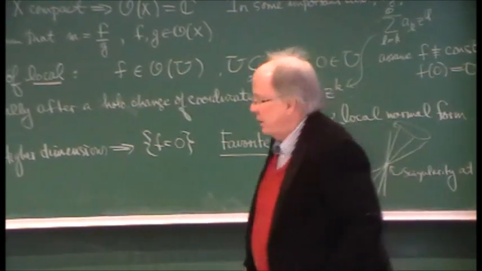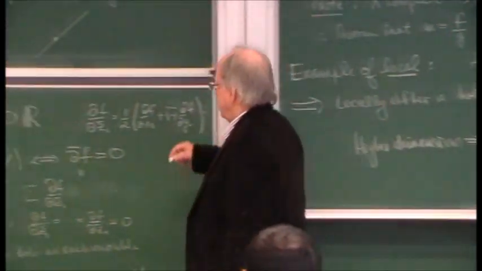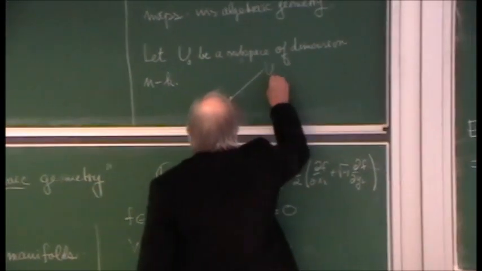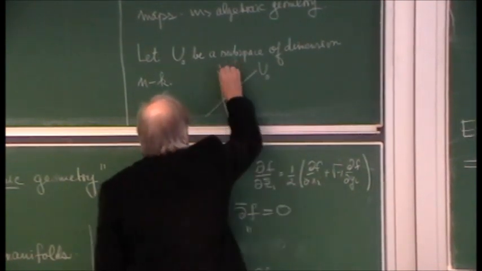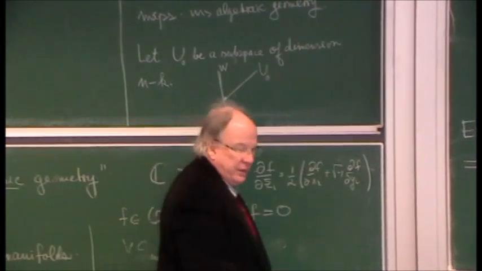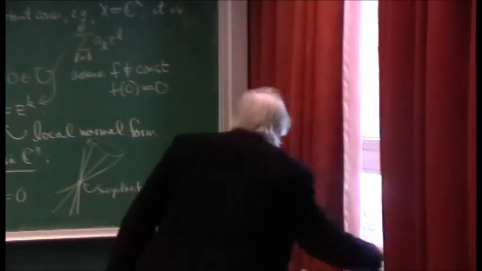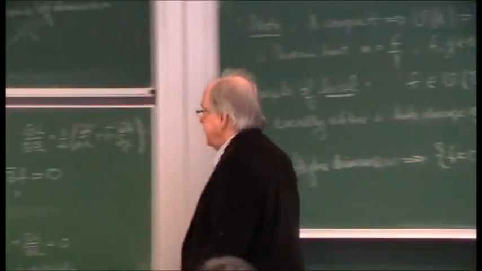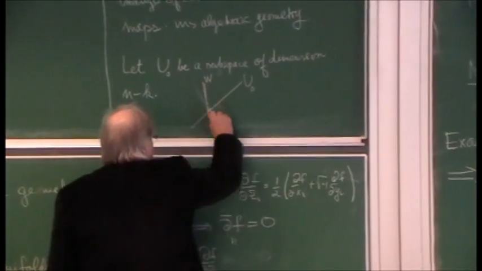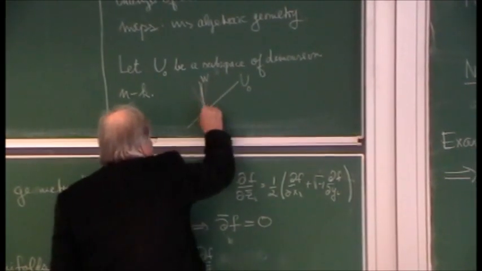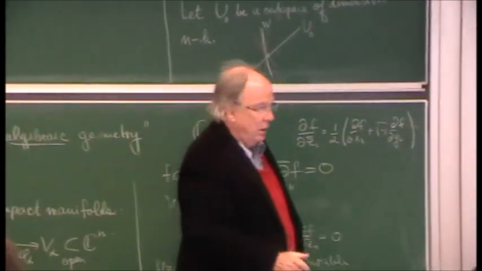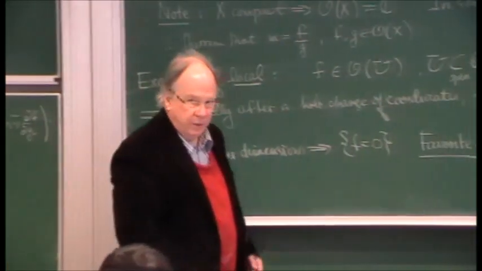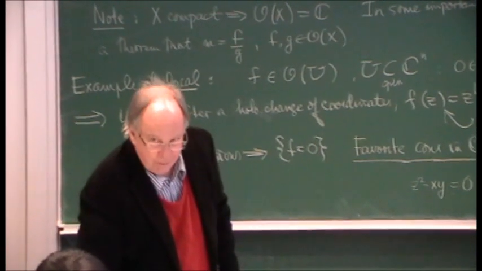So here is U0, and here is some W of complementary dimension, and what it means is, if we move this thing, it still stays in general position. Okay, so that's how I'm going to define the coordinate chart.